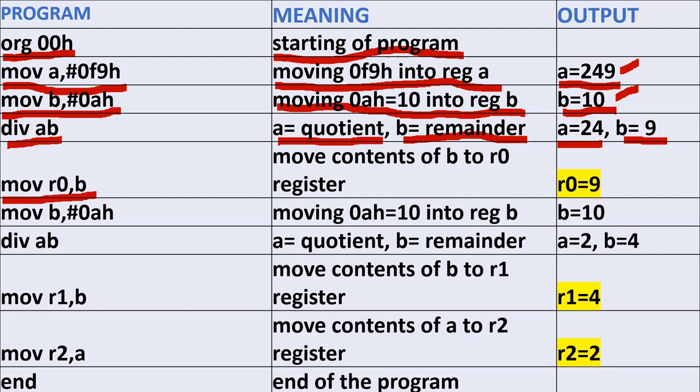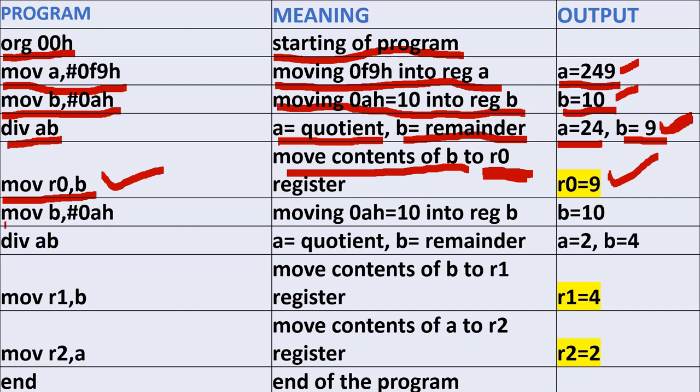Now let's go for the next instruction, MOV R0, B. That is, we are moving the contents of register B into register R0. If you observe, in the last step we got B equal to 9. In this step we are moving the contents of register B into R0, which means this 9 will be moved into register R0, because 9 is present in register B, and therefore in register R0 we will get 9.